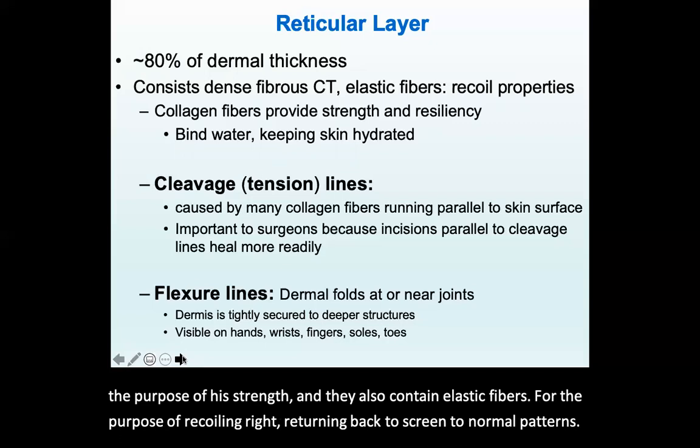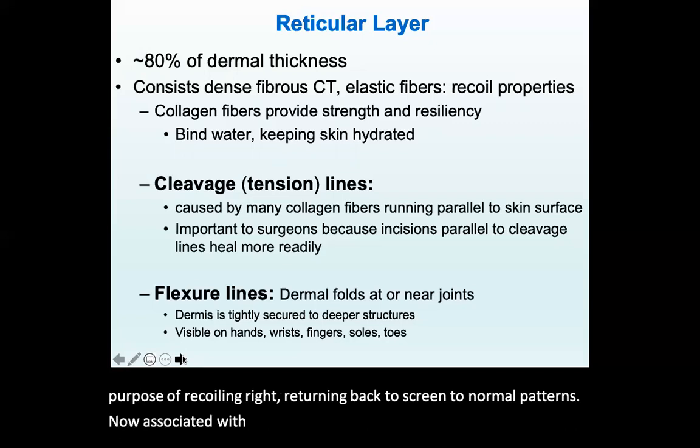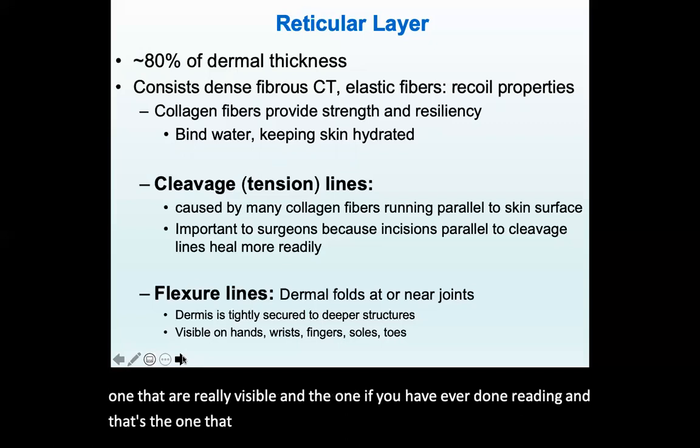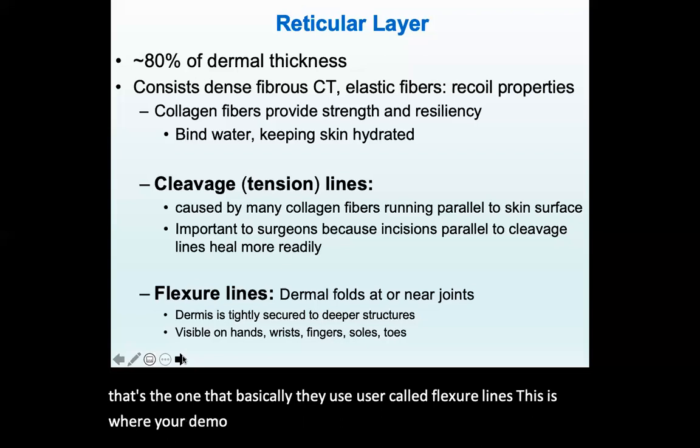Now, associated with the reticular layer, we will have two types of lines. One of these that is really visible is the one, if you have ever done palm reading, that they use. These are called flexure lines. This is where your dermal layer gets connected to the joints that are right underneath it.